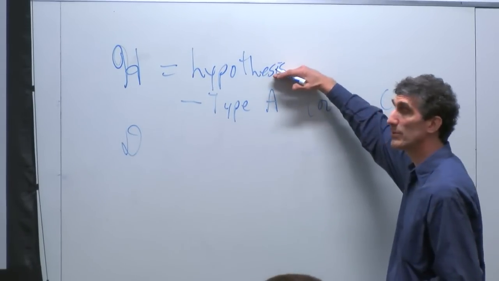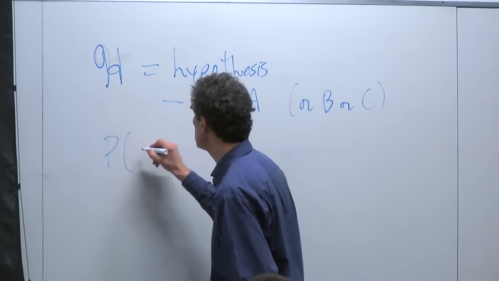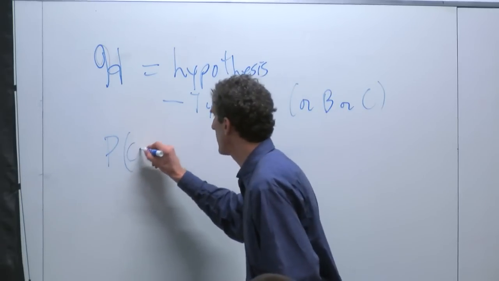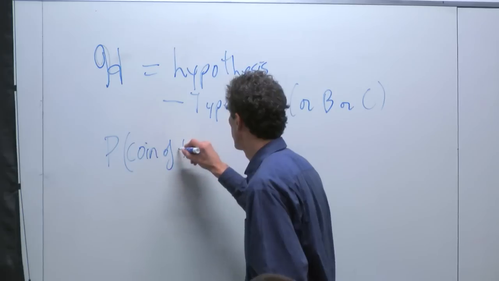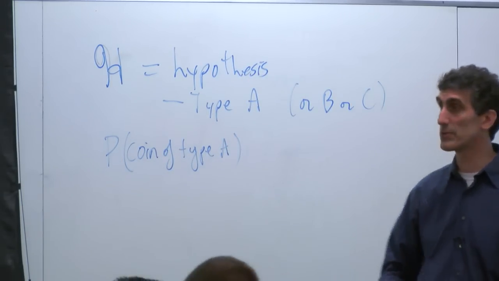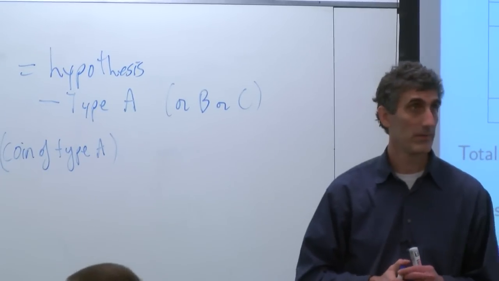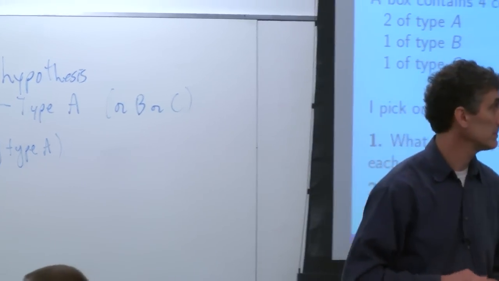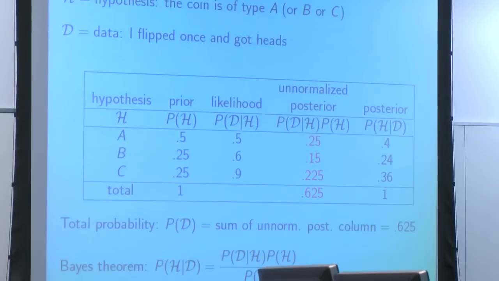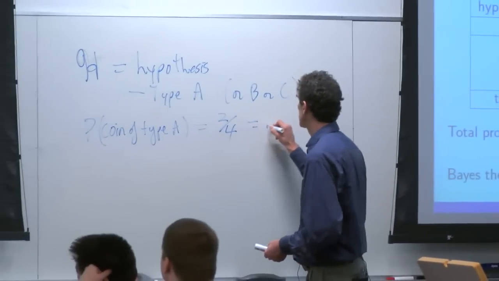Before we do anything, we have a prior. So what's the probability that the coin was of type A, where all you know is I pulled it out of the drawer? Let me go back and remind you what the drawer looks like. What is it? 0.5. Or I'll write it like this: 2 out of 4, which is 0.5.